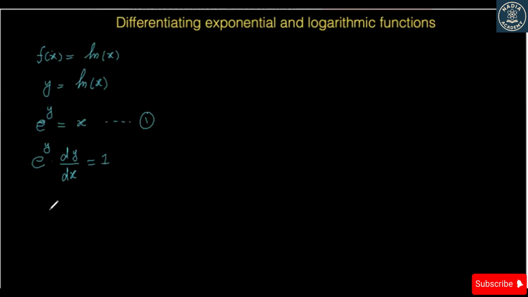Now you can rearrange it. So dy over dx is equal to 1 over e power y. And we know that e power y is equal to x. So the derivative dy over dx is equal to 1 over x.